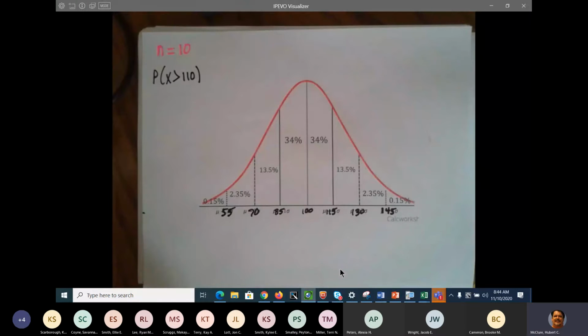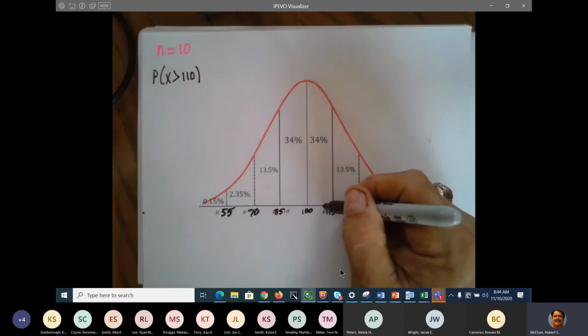Okay, so let's just go ahead and graph it. 110 is going to be somewhere in here.